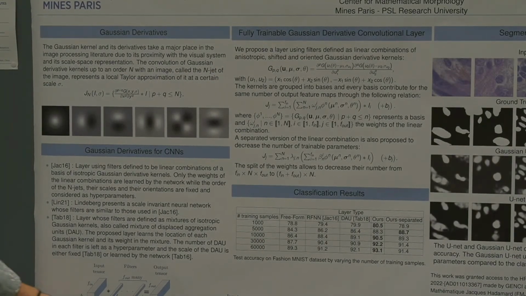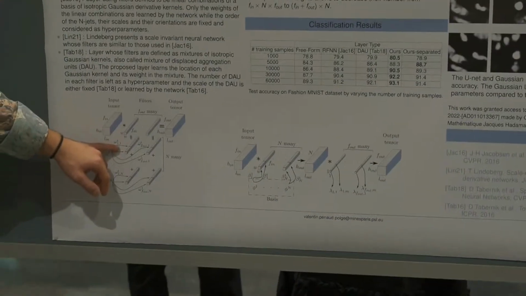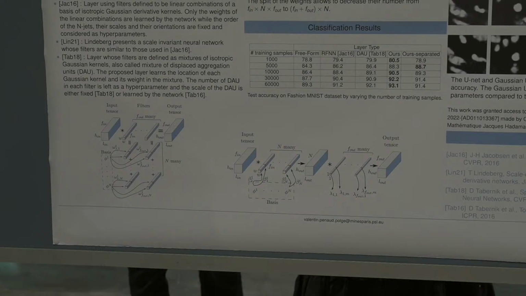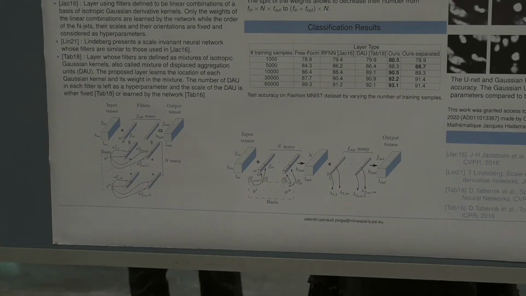It also learns the weights of the linear combination, and this approach allows the size of the filters to be independent of the number of trainable parameters. I can use a 9x9 filter or a 3x3 filter. I still have the same number of trainable parameters. And so we applied it to two tasks.